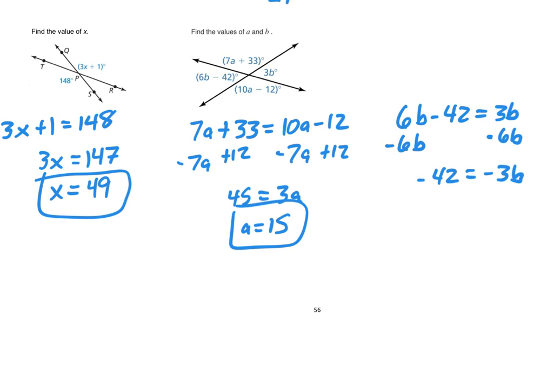We could flip-flop them, right? We could add 42 and subtract 3b, and that would be okay too. There are a couple different ways that we could approach this, but it's okay if we have negatives. It's not that big a deal, because now if I want to get b by itself, I'm going to divide by negative 3, and I get 14 equals b.